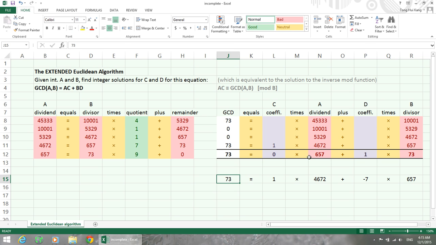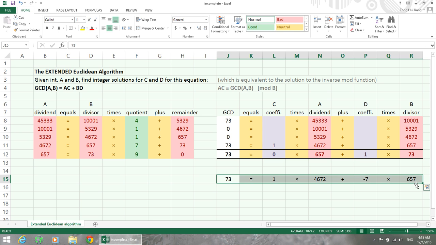How many 657s are there? You have to take into account the ones from the substitution and the ones carried over from the previous line. From the previous line, there's 0 657s. On the other hand, from the substitution, there's 1 times 73, and in the expression of 73, there's negative 7 657s.